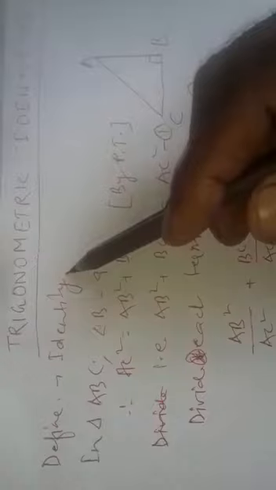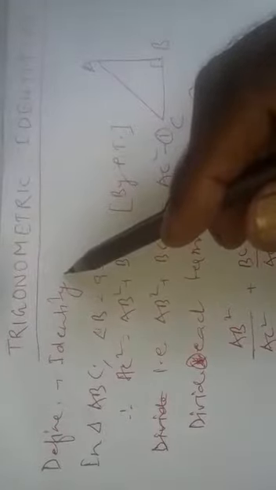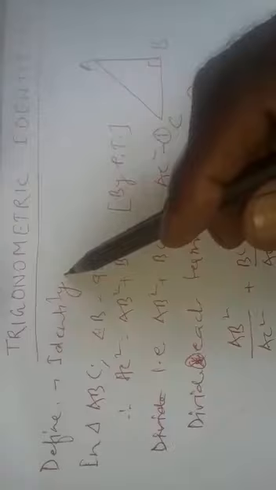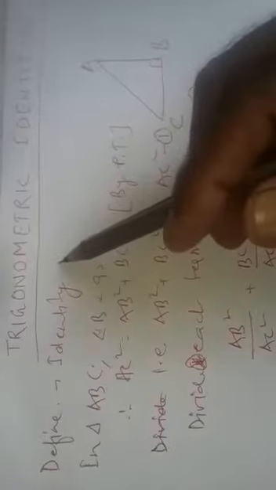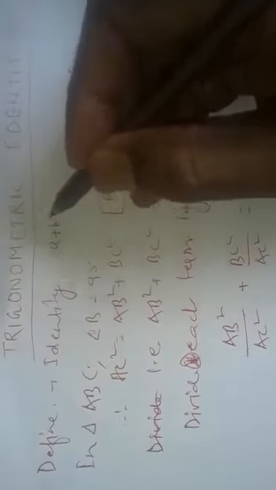Actually, identity is an expression which is true for all values. It means that if you write an algebraic expression a plus b to the whole square, when we express it in the form of a square plus 2ab plus b square, it means that if we put any number in place of a and b, then both LHS and RHS will be the same, they are equal.